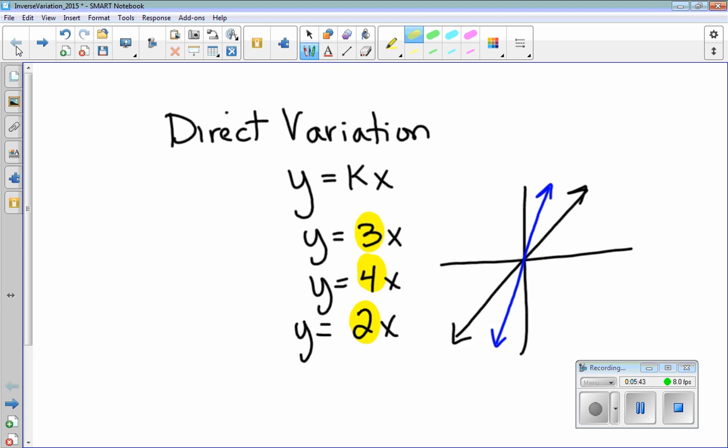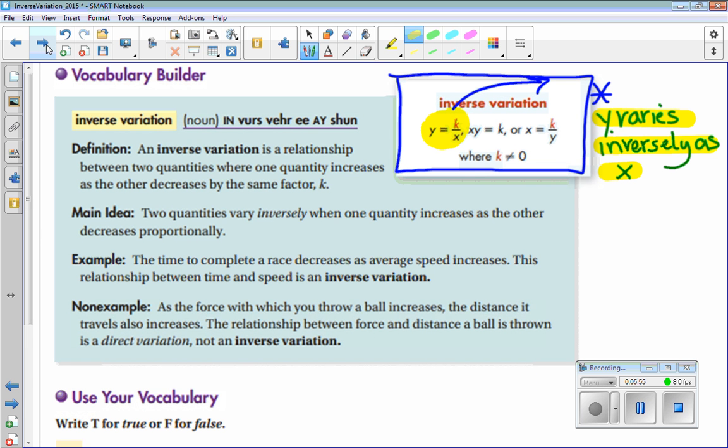As x goes to infinity, what's y doing? So isn't it going, they both go up, don't they? As x goes up, y goes up. That's direct variation. When we talk about inverse variation, one's going to go up and one's going to go down. Okay? So as x goes to infinity, what's y going to do? It's going to go down.